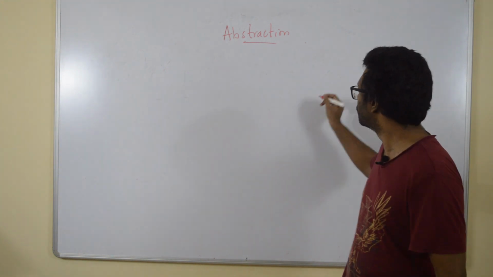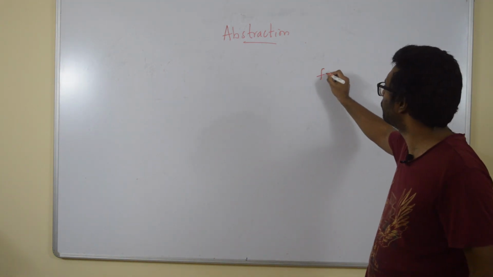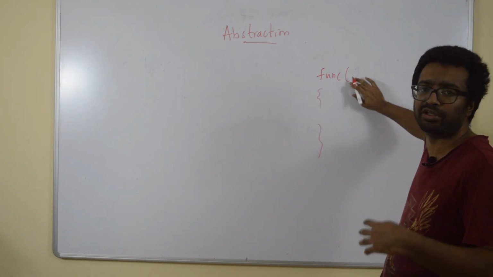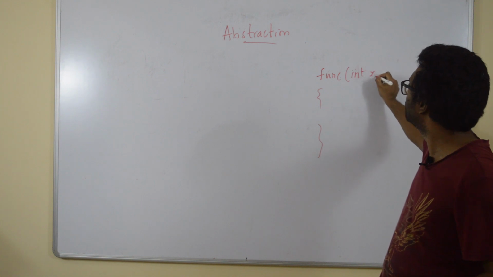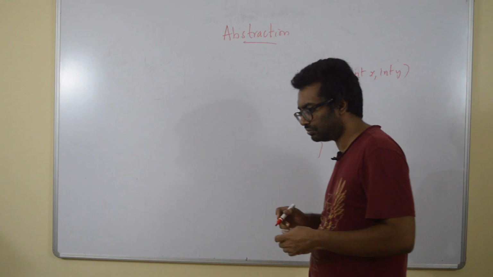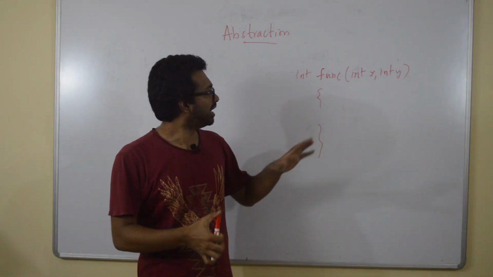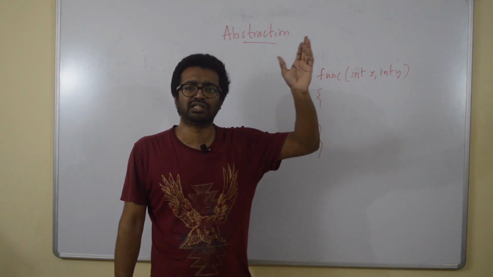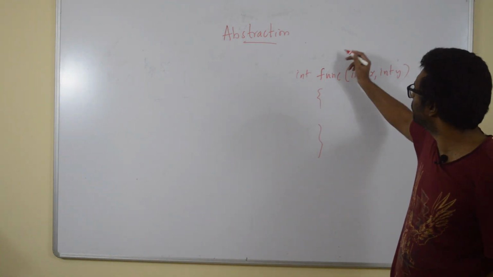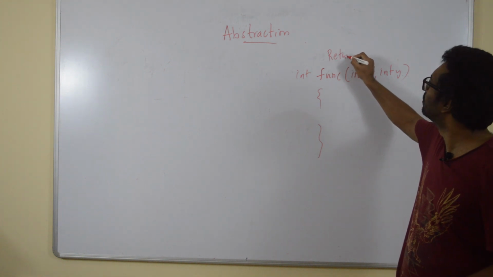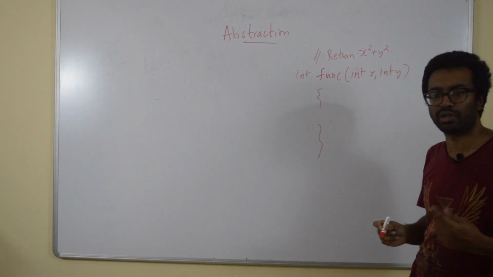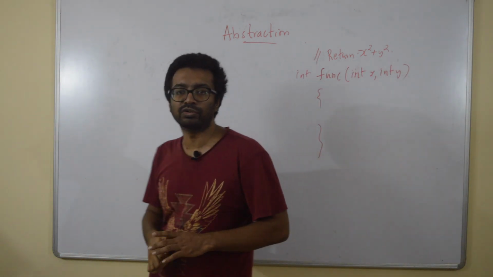Let's say you wrote a function, let me just call it func, which takes as input maybe 2 integers, int x, int y, and you return an int. This function is going to square the numbers and return the sum of squares, so it's going to return x square plus y square.